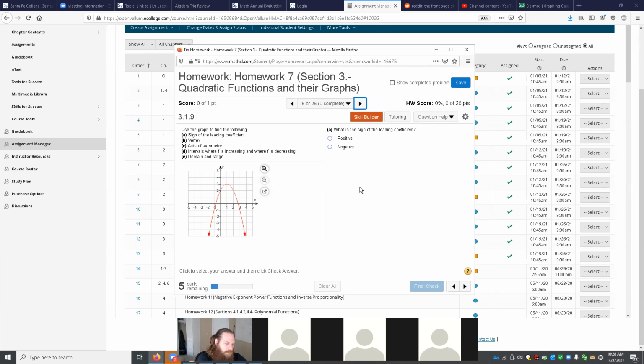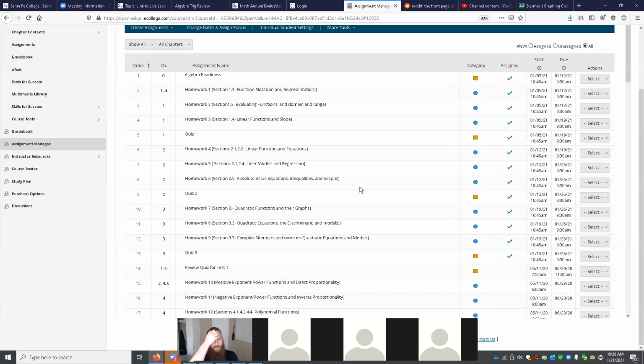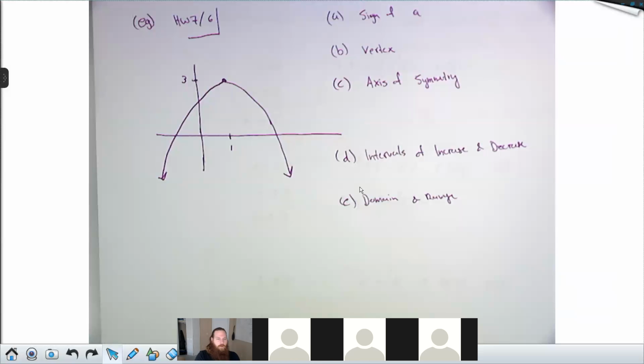That's something we haven't gotten a lot of practice with. And then domain and range. Okay. So here's our graph.